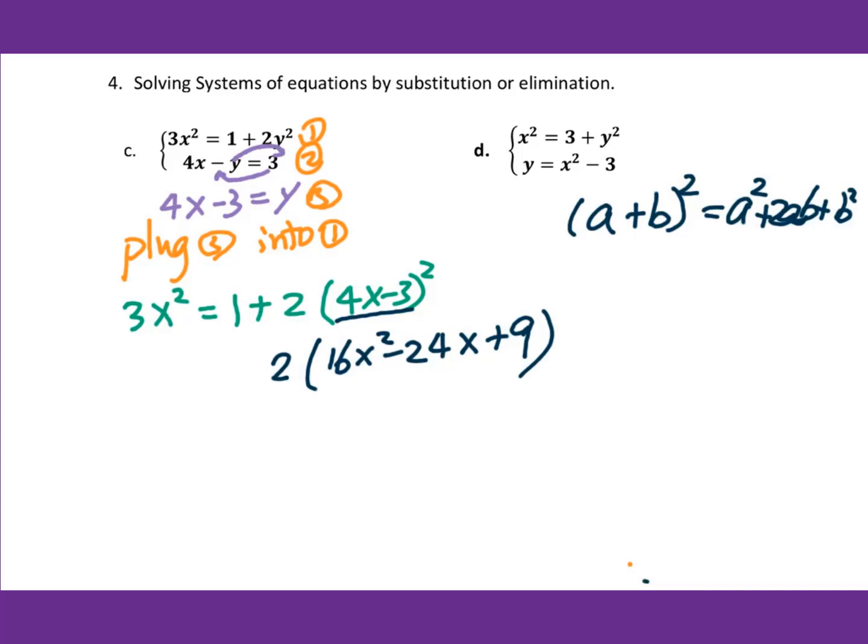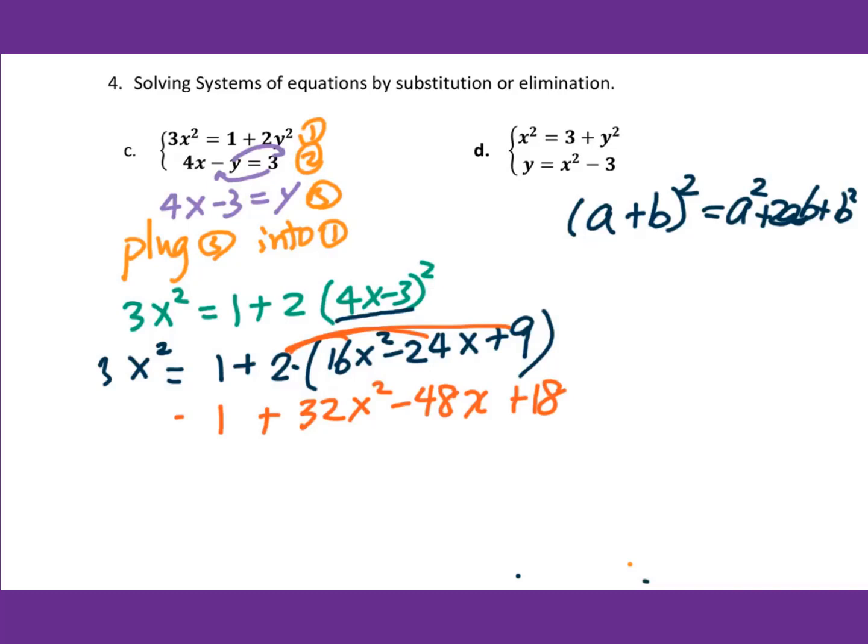Then you've got to do the distributive property. 1 plus 2 times that, equals, this one is 3x squared. We do the distributive property now. You got 32x squared minus 48x plus 18. Then you add 1 and 3x squared.